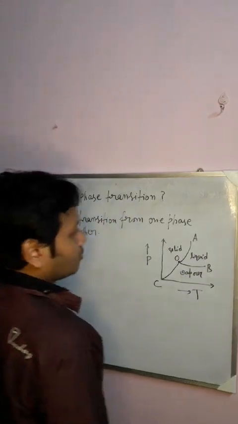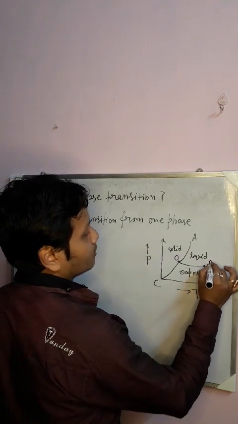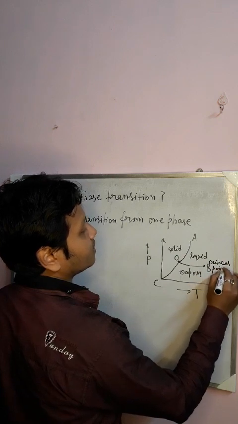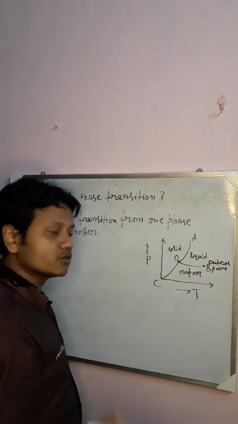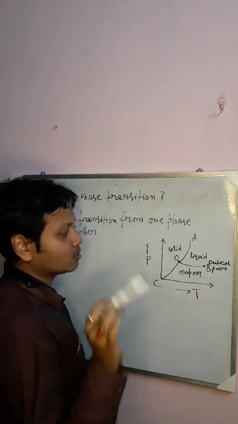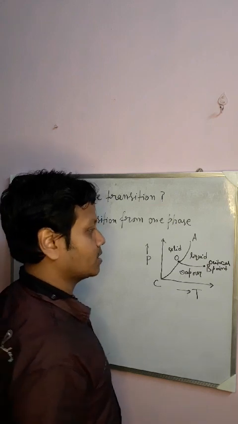Okay, now we all know that this is the critical point. Below the critical temperature a gas can always be converted to liquid, but beyond the critical temperature we cannot convert a gas to liquid by the mere application of pressure.